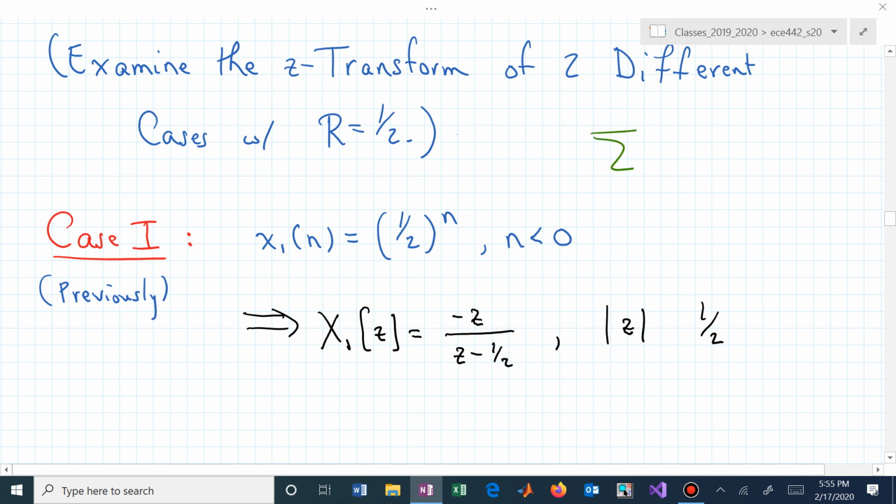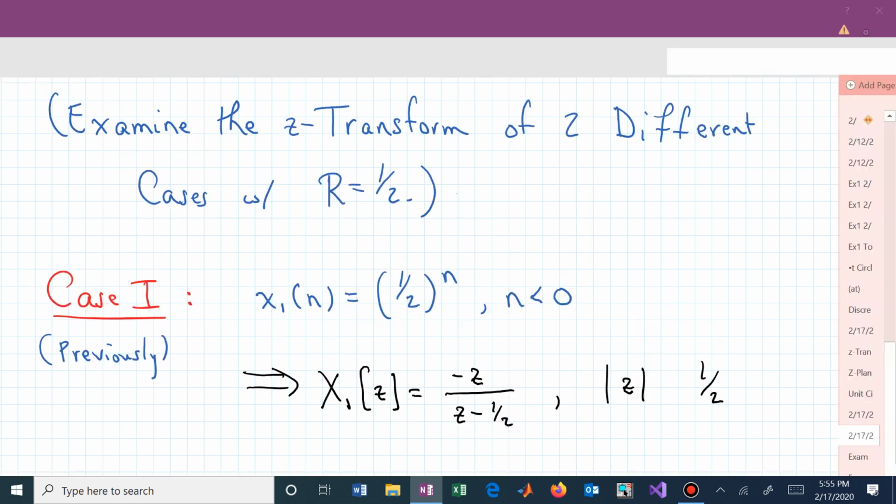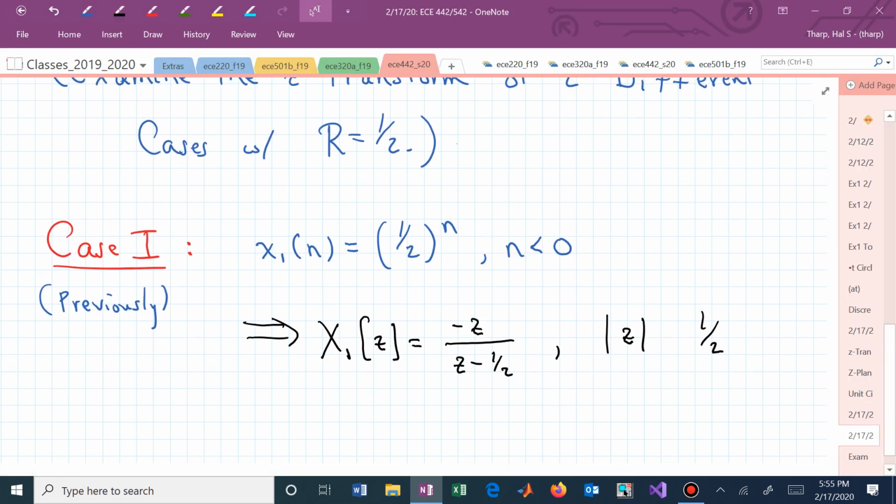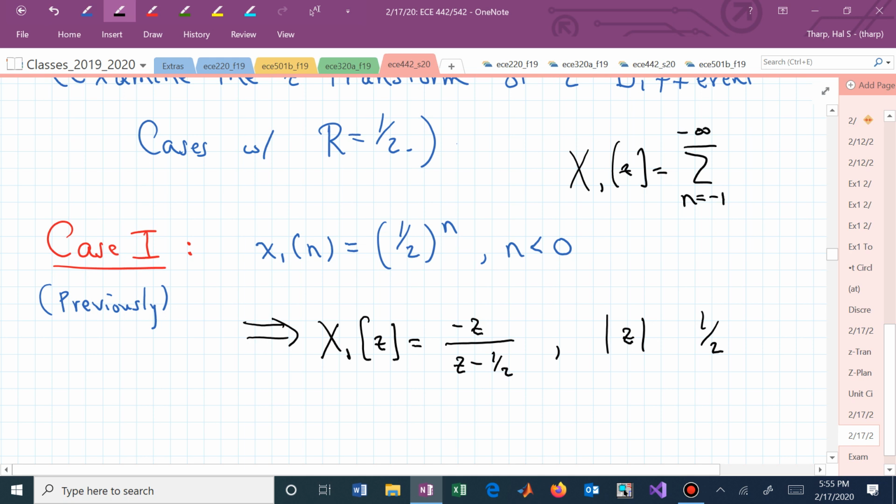So you could start putting this all together if you needed to. You could say, well, capital X1 of z was this sum from n equal minus 1 to minus infinity, when n is negative, of 1/2 to the n z to the minus n. Or you could now say this is this sum from n equal minus 1 to minus infinity of 1/2 z to the minus 1 to the n.